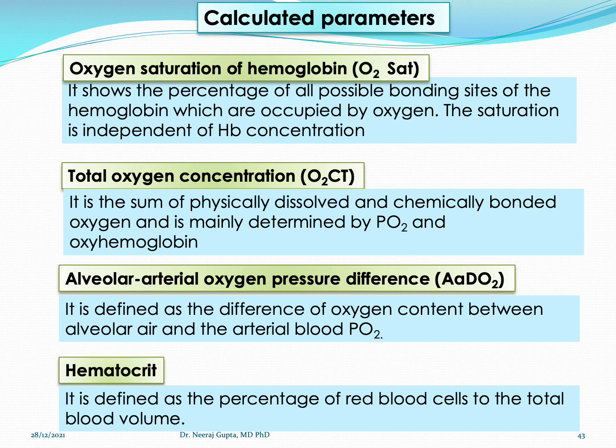Now alveolar arterial oxygen pressure difference. Now it is defined as the difference of oxygen content between alveolar air and the arterial blood gas PO2. Hematocrit, now it is defined as a percentage of red blood cells to the total blood volume.